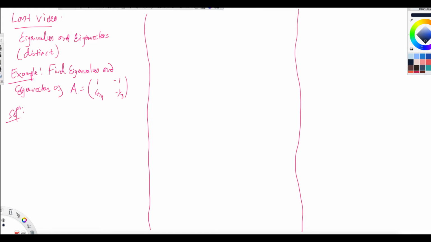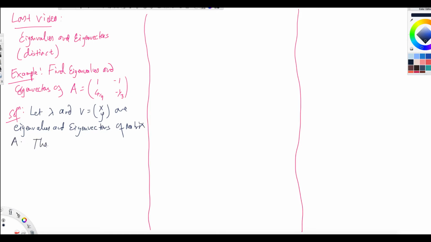Let us suppose that lambda and v, let's say x, y, are the eigenvalues and eigenvectors of matrix A. It is a 2 by 2 matrix, right? Because it has 2 rows and 2 columns.